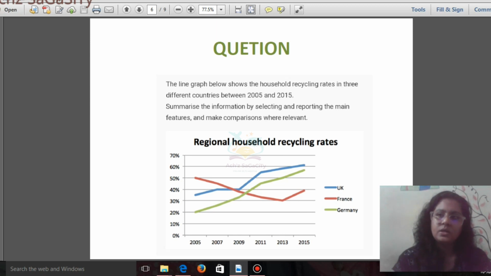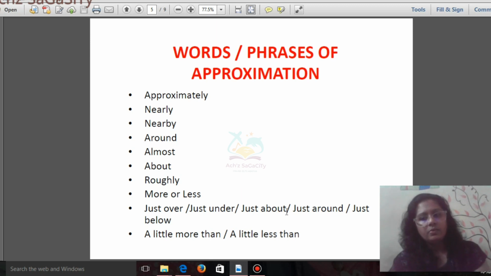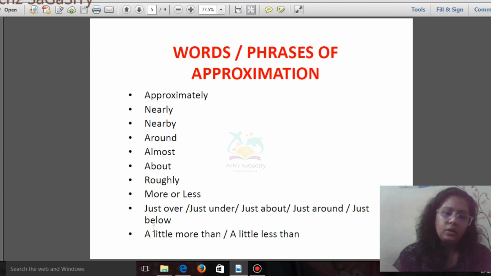So you want to use approximately, nearly, nearby, around, almost, about, roughly, more or less, just over, just under, just about, just around, just below, a little more than, a little less than. These types of words: around 35 percent or approximately 15 percent. If it is just under or below, you can use the words just over, just under, just about, just around.